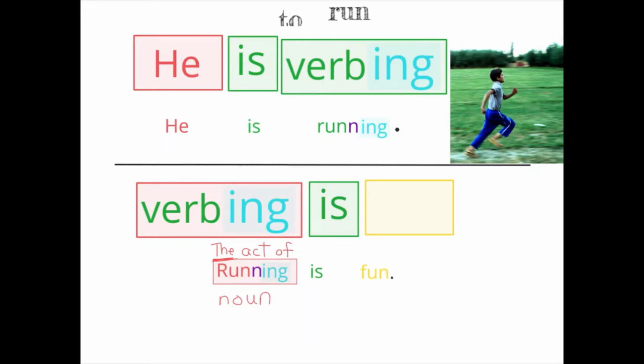We're using to run, and then we add ing to it, and it can go after the verb to be, which in this sentence is, he is running, or it can go at the beginning of the sentence, and the act of running will be the subject of the sentence. We will use is after it. Running is fun.